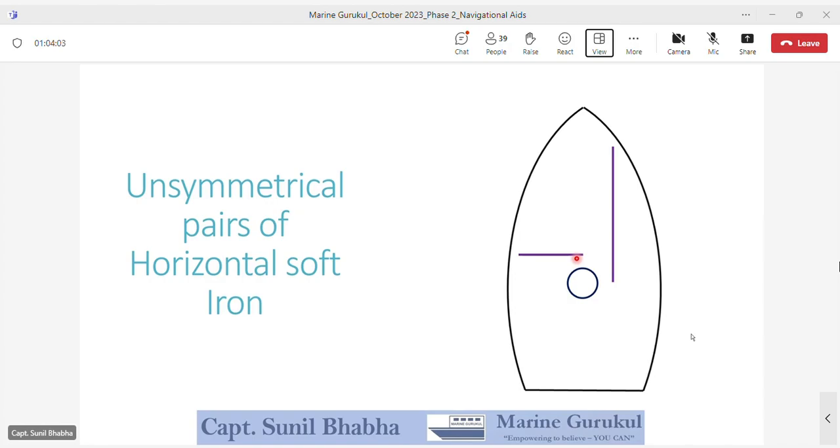This kind of combination, if it is present on a ship, will generate coefficient A. Now, usually we do not see any kind of these structures on a normal merchant vessel. You will always have symmetrical HSI. So that is exactly the reason why coefficient A is absent on most of the normal merchant vessels.